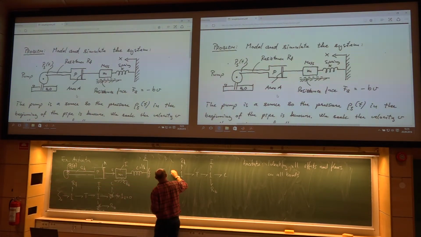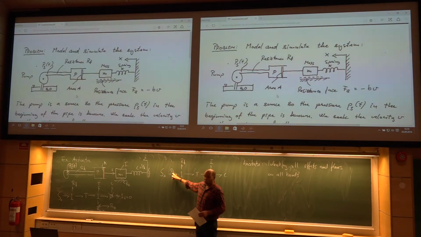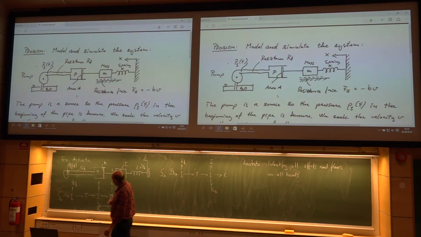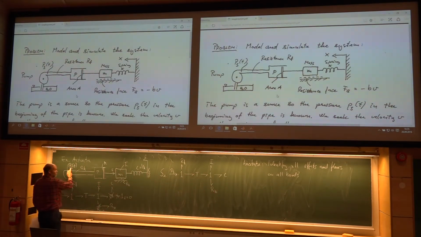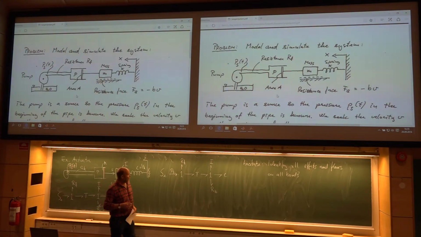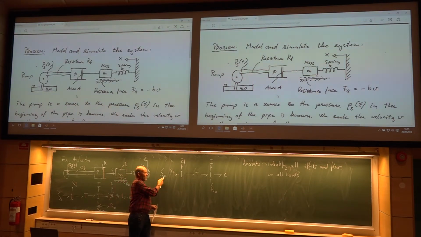So here we can start with the pressure source. This one is given. It is a well-known function, so here is something that we know everything about. Since this is an effort source, we don't care about the flow.